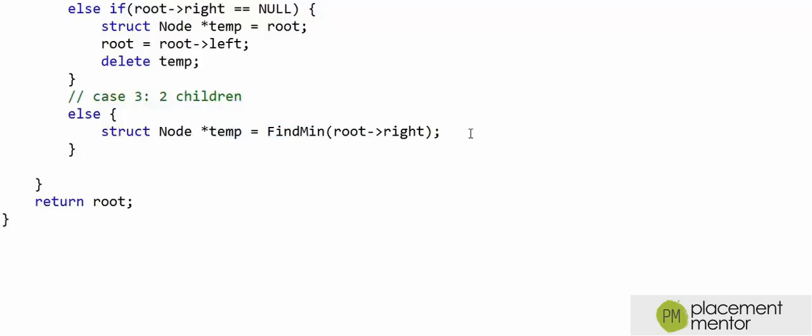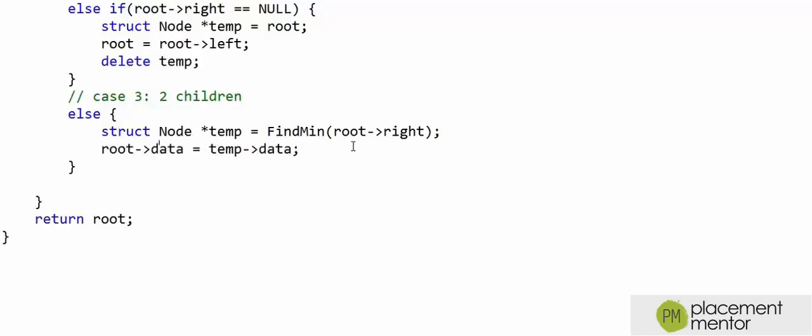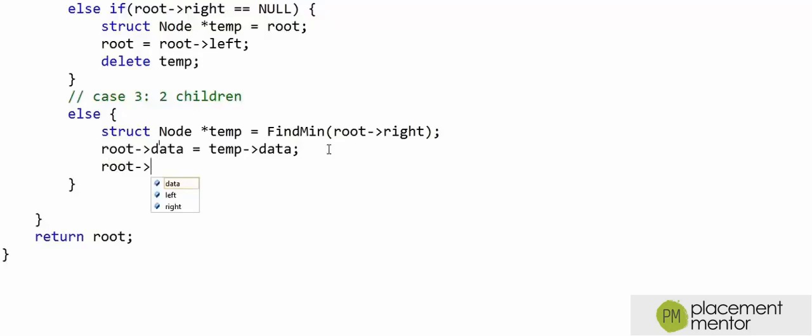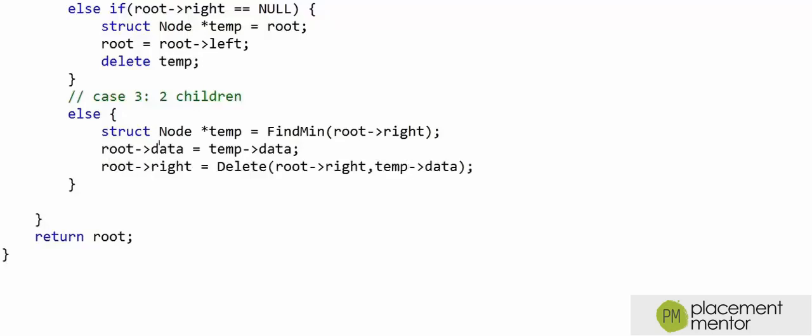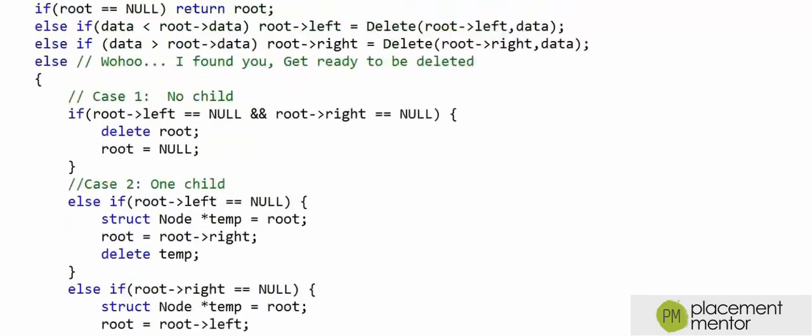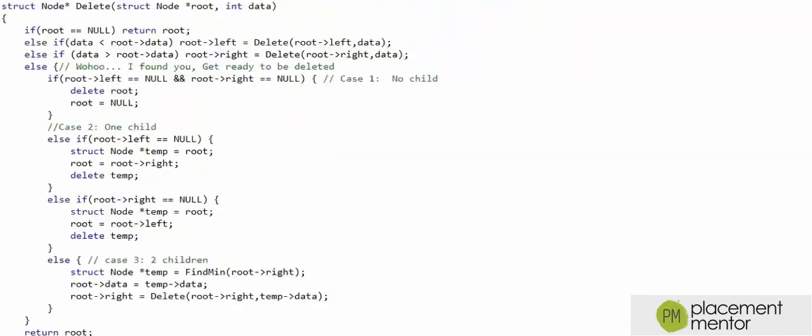Now I should set the data in the current node that I'm trying to delete as this minimum value, and now the problem is getting reduced to deleting this minimum value from the right subtree of the current node. With this much code, I think I'm done with the delete function. This looks good to me.